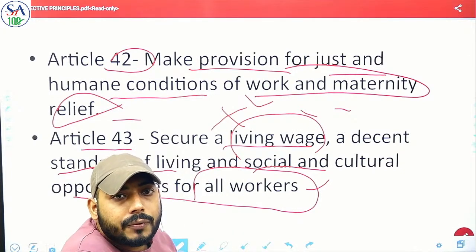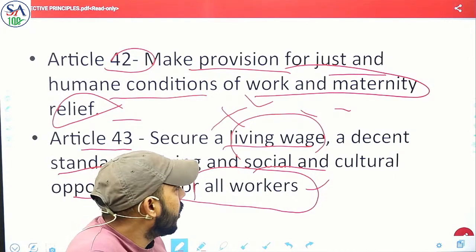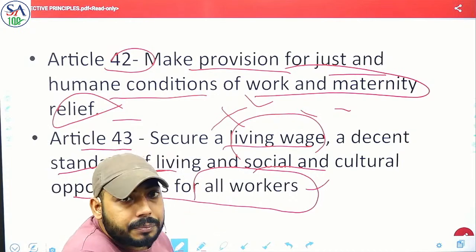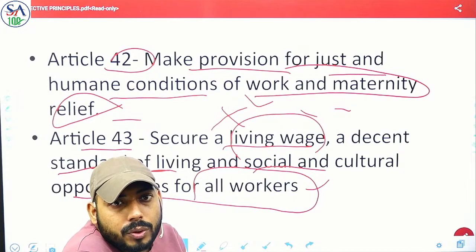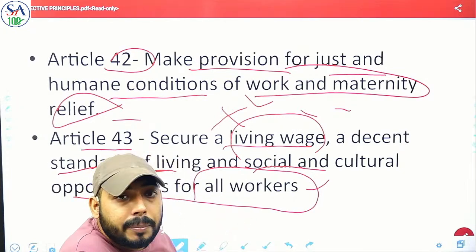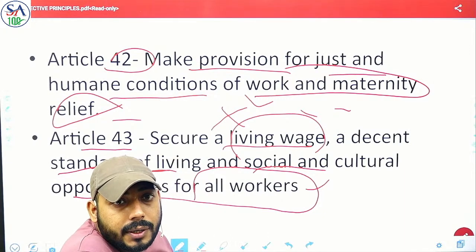There should be a sufficient wage so that he is able to fulfill his basic demands, a decent standard of living. Again, here we talk about food, shelter and clothes. He should be provided such a salary that he is able to manage a good living standard.